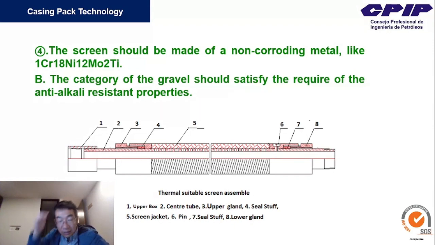This picture shows us the thermo-suitable screen assembly. 1 is the upper box, 2 is the central tube, 3 is the upper gland, 4 is the seal staff, 5 is the screen jacket, 6 is the pin, 7 is the seal staff, and 8 is the lower gland.